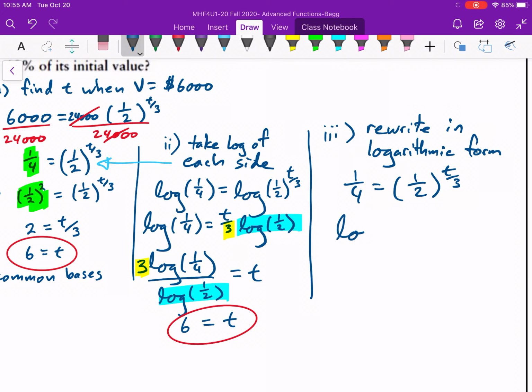So log of the base, which is 1/2, and the argument was 1/4, and we know that in logarithmic form we're isolating the variable, which was the t over 3.